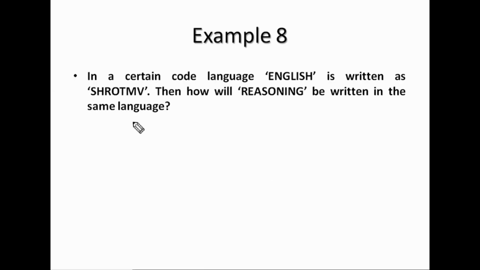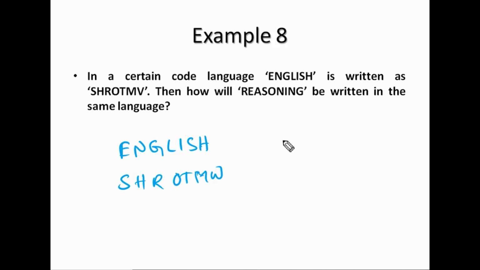So the next example. Here the word is English. Its code is SHROTMW. SHROTMW. And the question word is reasoning.